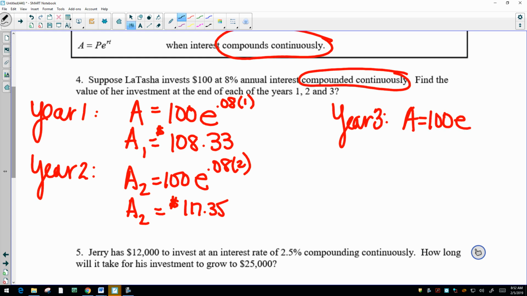So we have e raised to the 0.08 times 3. And again, if we plug that in, I can see we're going to have $127.12. So APERT's kind of nice. Okay, a little less that we have to worry about, but again, the only time we use this is when you do compounding continuously.